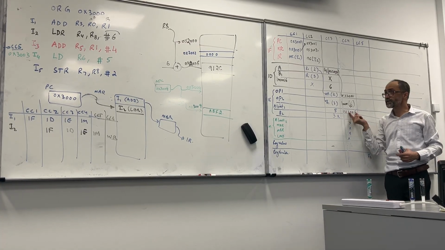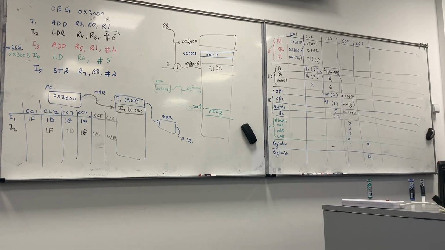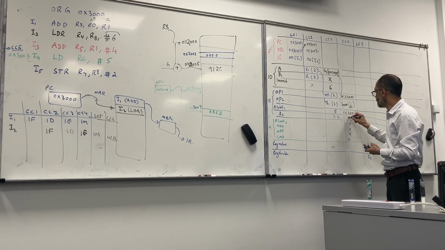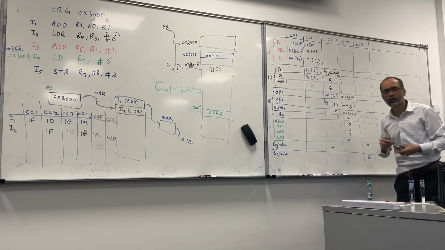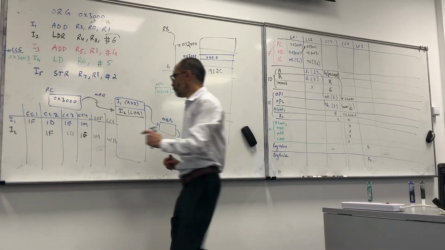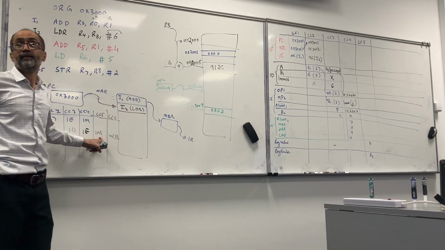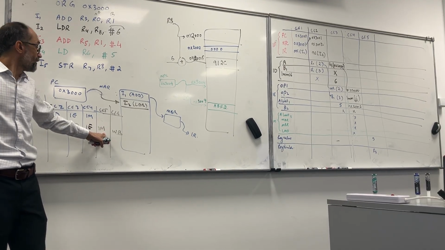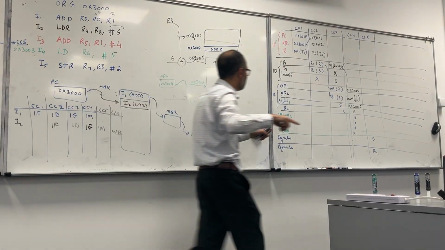Now B2 we will ignore. This is don't care now, because B2 is only considered for the STR instruction. I'll explain it later. Clear or not clear? Now this instruction will move to which stage? The memory stage, in which clock cycle? In clock cycle 5.